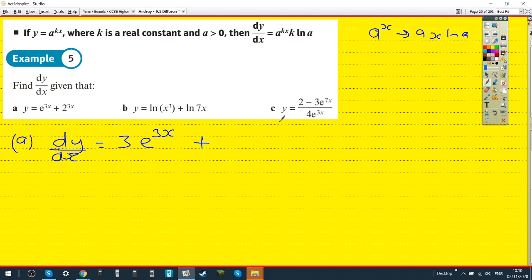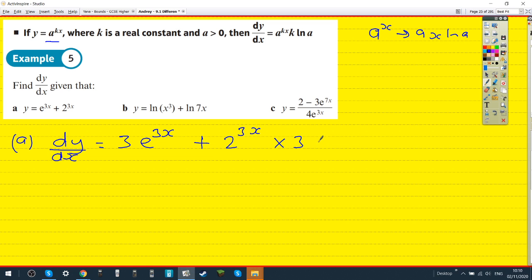Oh no, should I have done 3 times 2? Let's see. So a to the kx, that is the same thing. So 2 to the 3x times by k, which is the derivative of that. So that's times by 3.